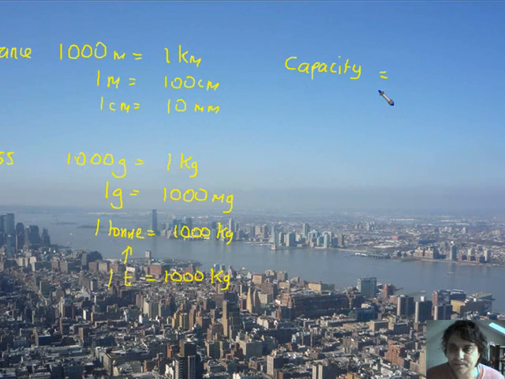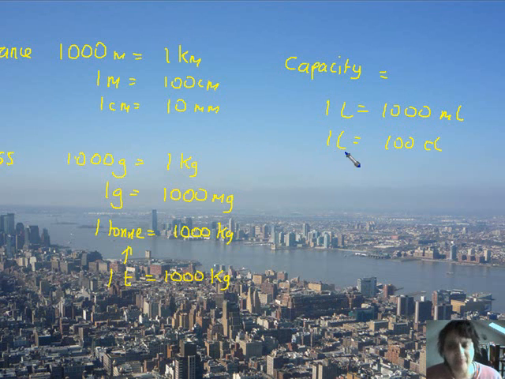Did you know that 1 litre is 1,000 milliliters? Did you know that a litre is 100 centiliters? In the same way that if you have 1 meter, you have 100 centimeters. Is that fair enough? So therefore 1 centiliter is going to be 10 milliliters.